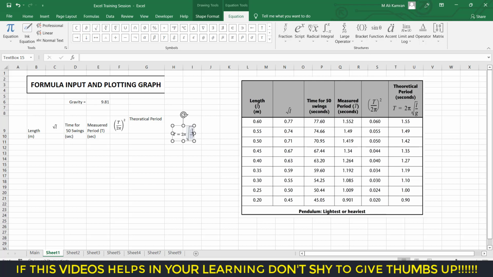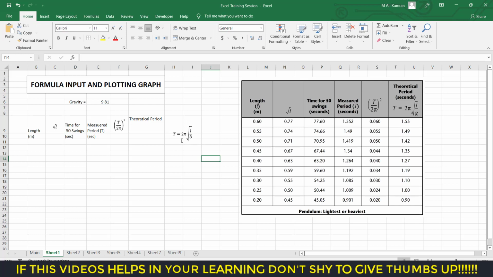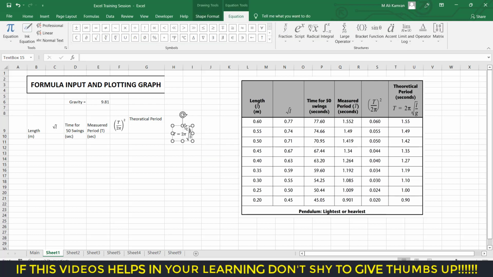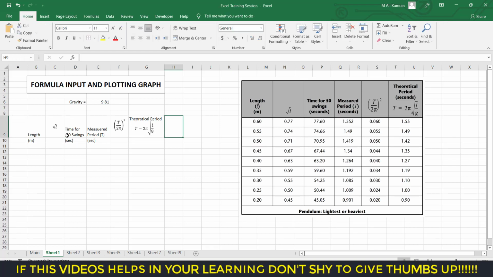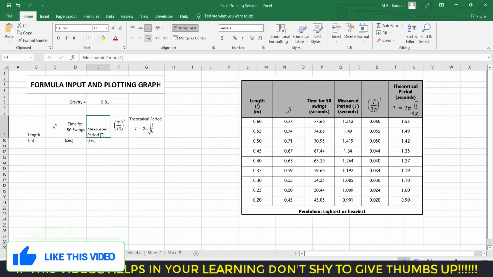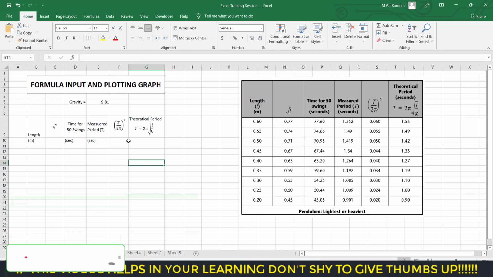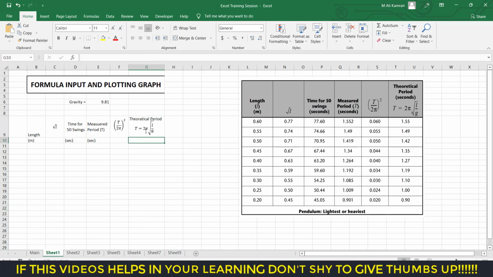So this is fraction, and this is L divided by g. So 2 pi square root of L divided by g, and now let's put it here, and let's make it a bit large, right? So now we need to align this. We need to align this text like this, and this time period is also in seconds.